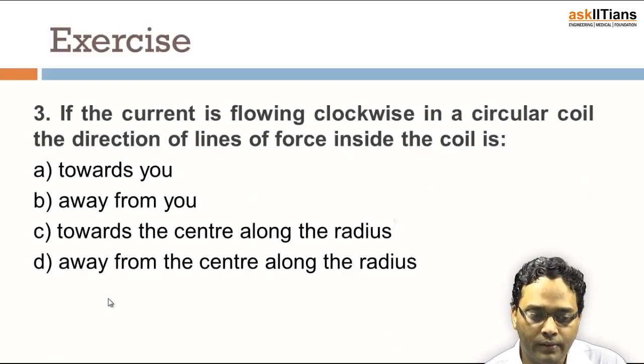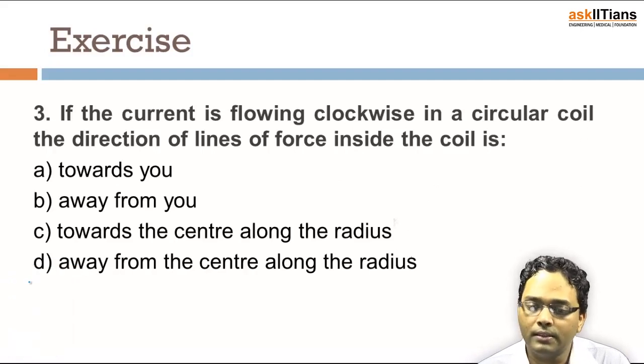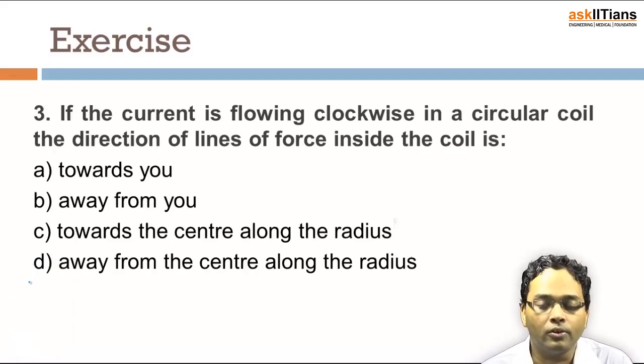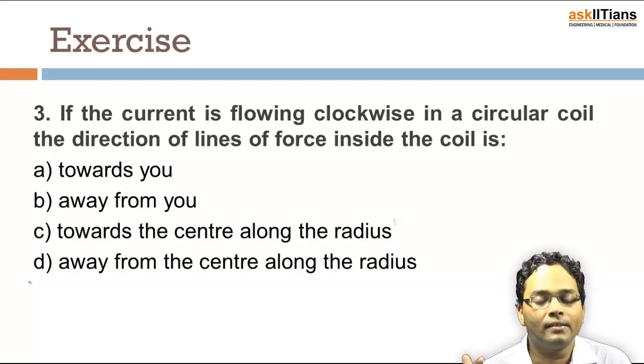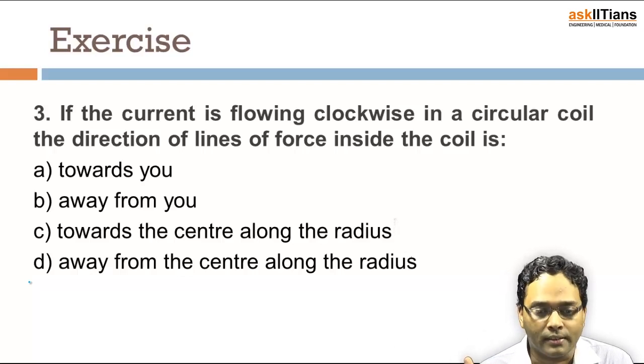Okay, further. This says the current is flowing in a clockwise direction in a circular coil, viewed as flowing towards you. The direction of lines of force inside the coil is? So if you use the right hand rule, what exactly do you get? The current is flowing in a clockwise manner, right?